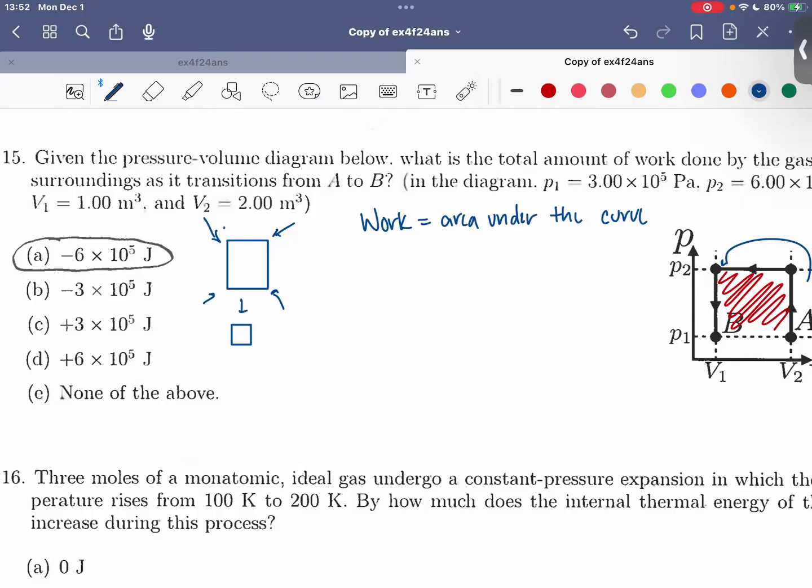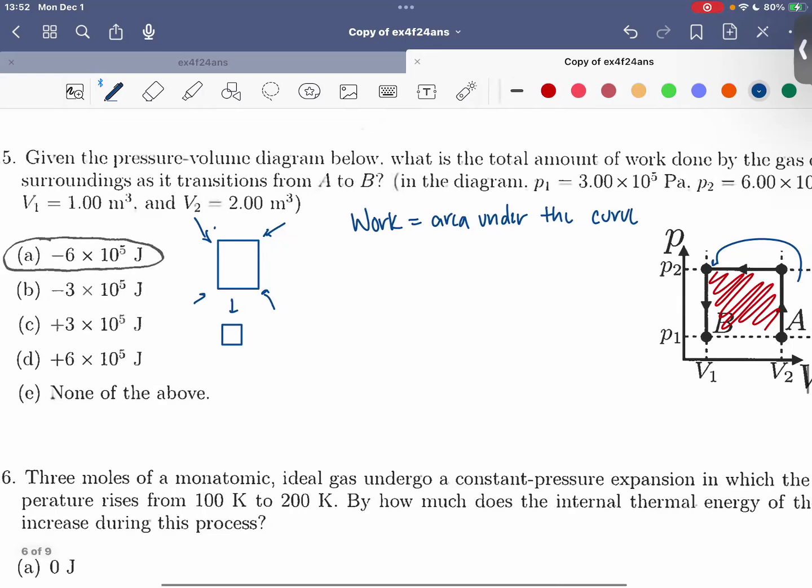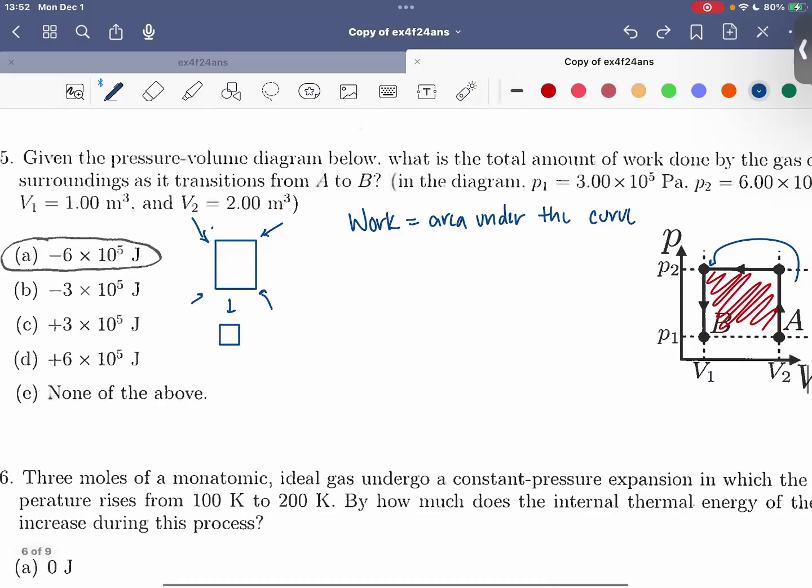Obviously, it's not going to be doing work. It's going to be the surroundings that are compressing the box down. So that's where we're going to get this negative sign from, because it's actually losing energy. It's doing negative work. I guess you can think of it that way.